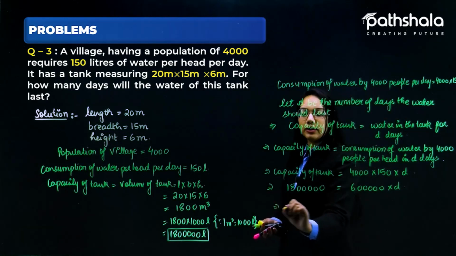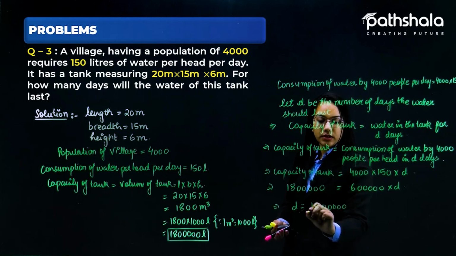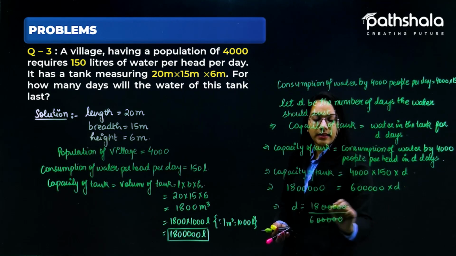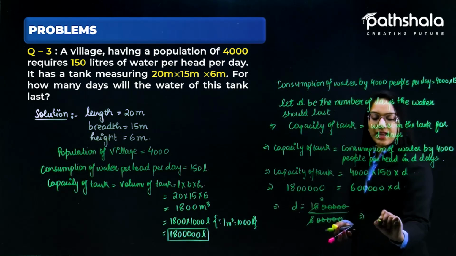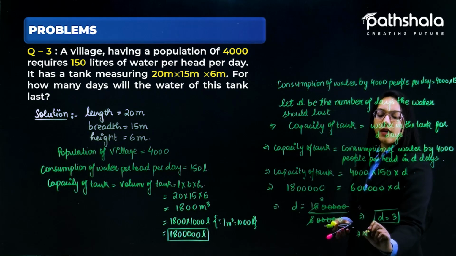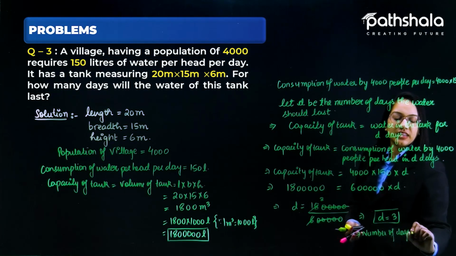So hence the value of D that we are getting at the end is 18 with 5 zeros divided by, again the 5 zeros for this one, and this is 6 into 3 is 18, which implies that D is equal to 3, and hence we have calculated the number of days over here as equal to 3.